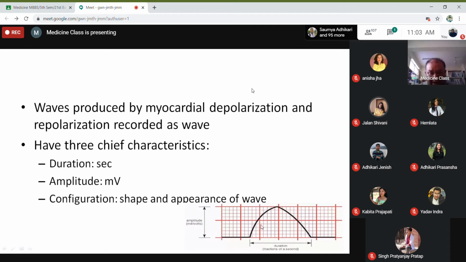The y-axis is the amplitude, the height, which we measure in millivolts. Then we describe the configuration of the wave: its shape, its appearance, whether it's notched or not, whether it's a positive or a negative deflection, and so on. So first we describe a wave in terms of duration, amplitude, that is height in millivolts, and then configuration. That is how we describe an ECG.